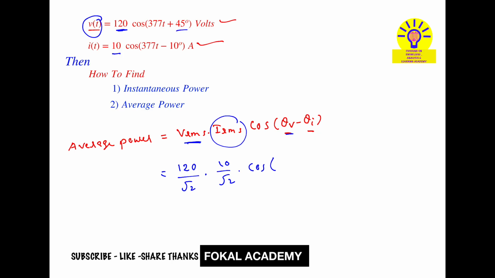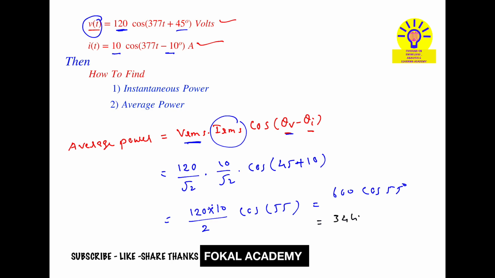Here 45 minus minus 10 is 55, so it becomes 120 into 10 by 2 into cos of 55, which is 600 into cos of 55 degrees. By using a calculator, we get 344.2 watts. So this is the average power for the given problem.